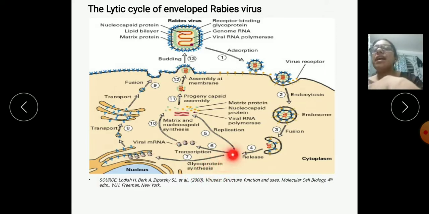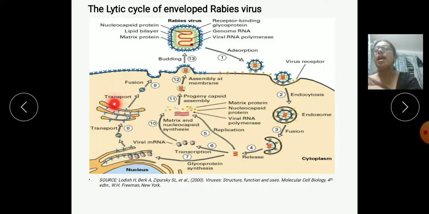The mRNA that is responsible for glycoprotein synthesis moves to the endoplasmic reticulum. After going to the endoplasmic reticulum, they take up carbohydrate, become a mature glycoprotein, move out of the endoplasmic reticulum and move to the Golgi apparatus.